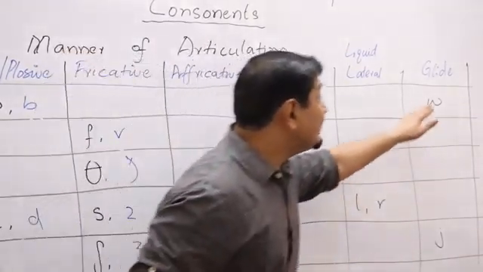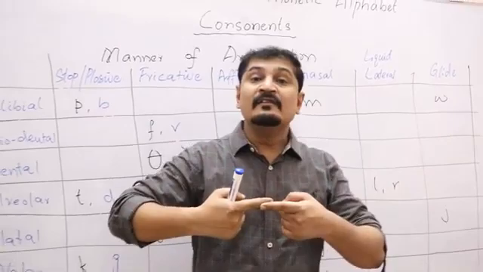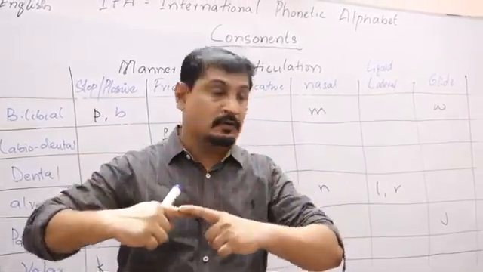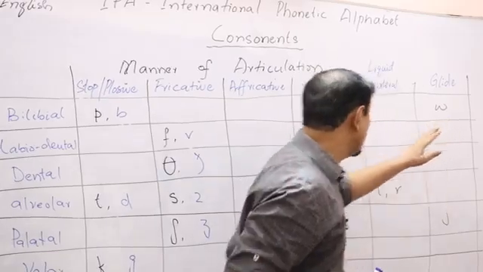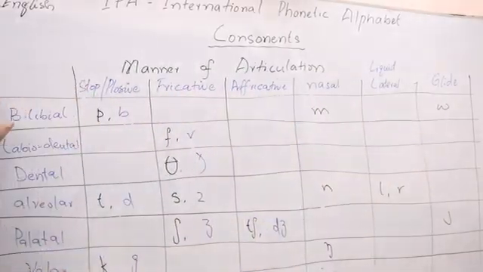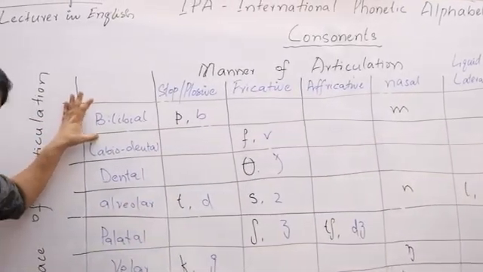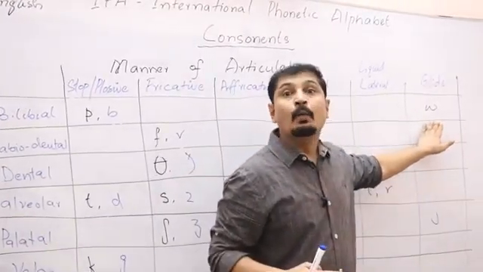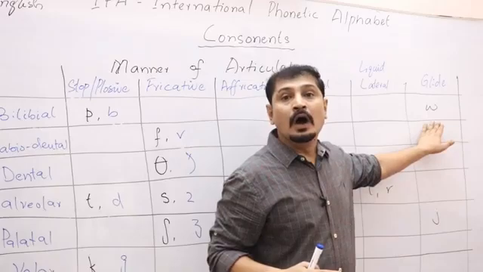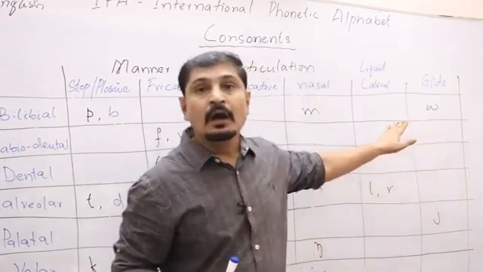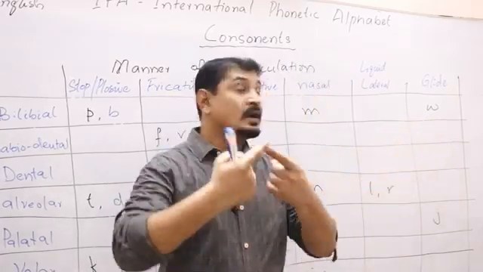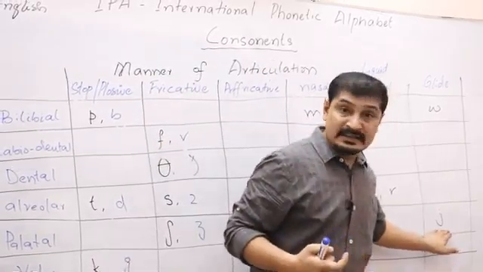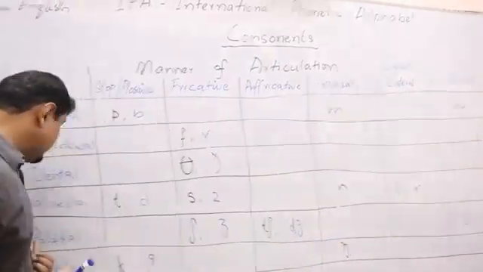And then we have the glide, where we round our mouth. We have this sound, and it is produced with the help of the lips. The glide is wa, wa, wa, wa, where you round your mouth. And then we have another sound, produced with the help of the palatal.